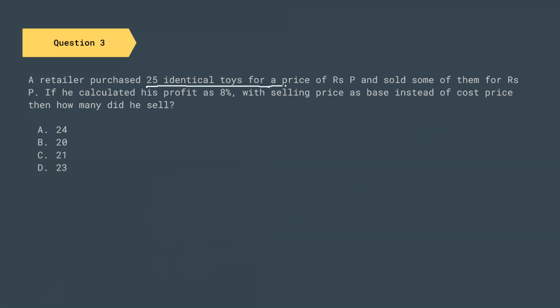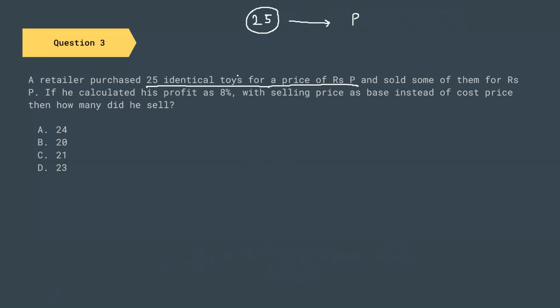For this statement, remember, the retailer has purchased 25 toys together, and all these 25 toys cost him P rupees. Not each of the toys was P rupees, but the 25 identical toys were a total of P rupees.